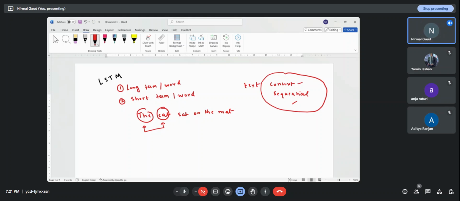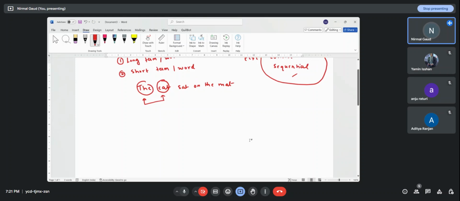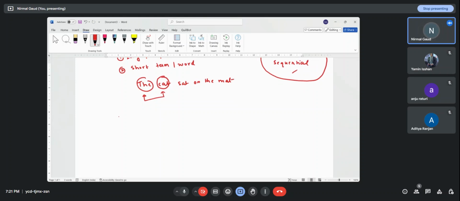However, for long term dependency, for example, I write a sentence: the cat I saw at the park yesterday was very friendly.